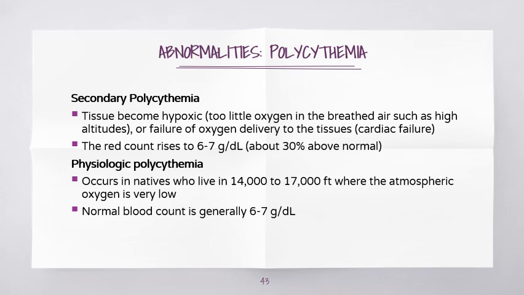And of course, in patients who have cardiac failure, okay, RBC is normal, hemoglobin is normal, but your heart cannot pump enough blood. So your kidneys would think that you're hypoxic.